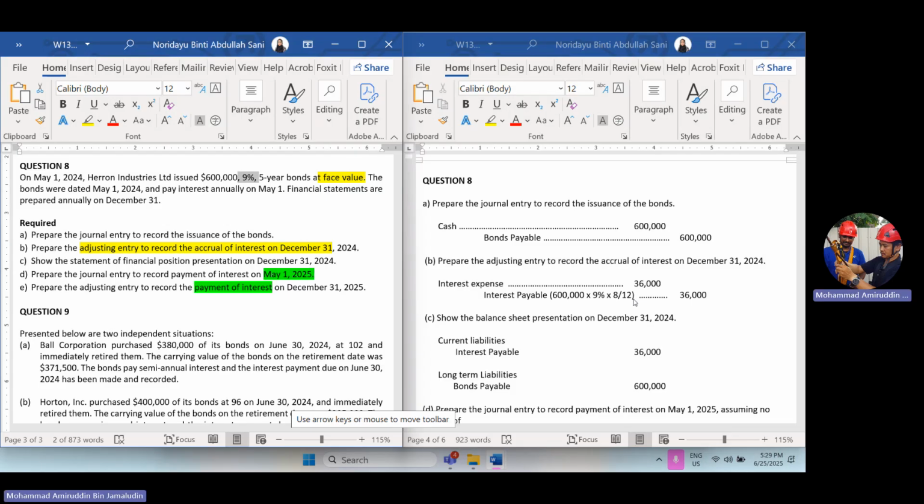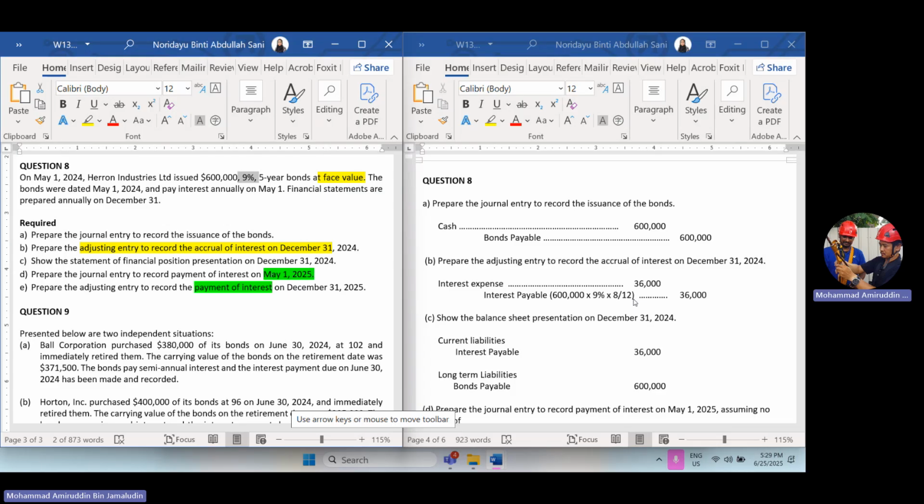Do you understand? Some students give me 12/12 because it is an annual bond. You are right. But now I ask you to compute the accrual of interest, the adjusting entry on 31st December 2024.